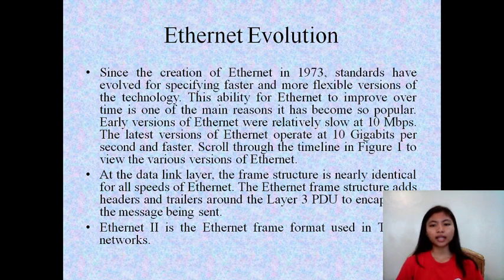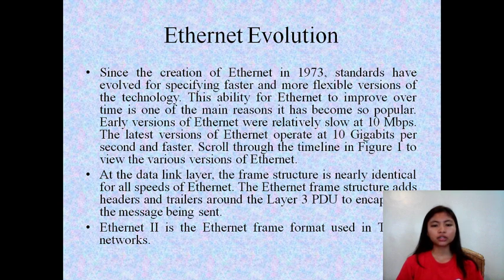Ethernet evolution. Since the creation of Ethernet in 1973, standards have evolved for specifying faster and more flexible versions of the technology. This ability for Ethernet to improve over time is one of the main reasons it has become so popular.